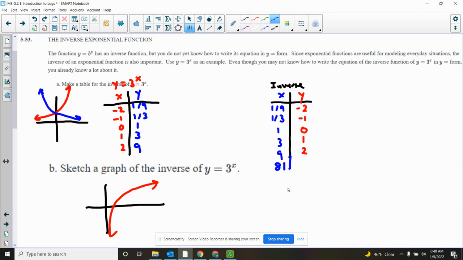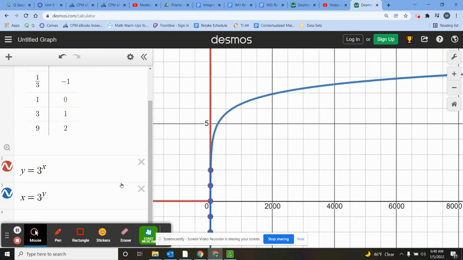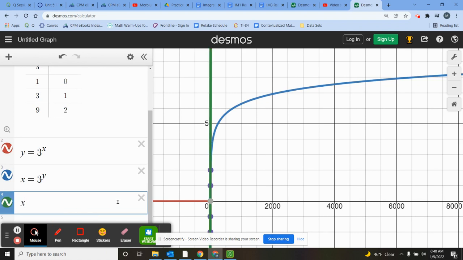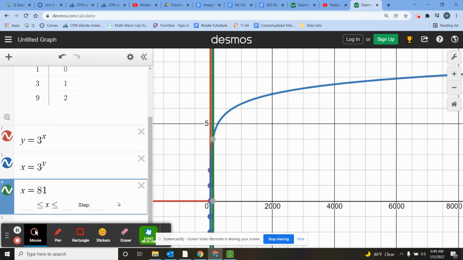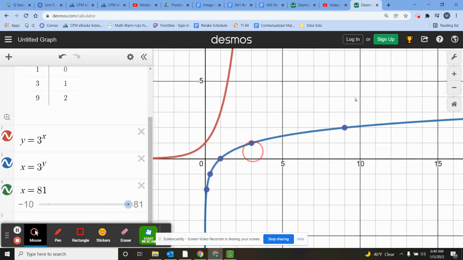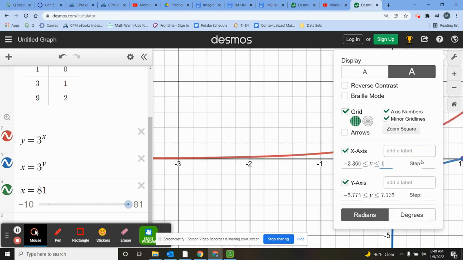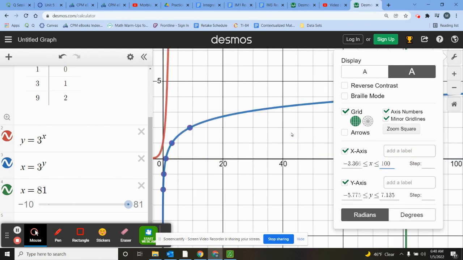A couple of ways to get there. One of the easiest is we got a graph made already. Let's just see what it is. So if we put an x value of 81, I'm going to go back here to a regular zoom. Now, in order to see where x equals 81, we've got to make our x maximum something bigger than 81.